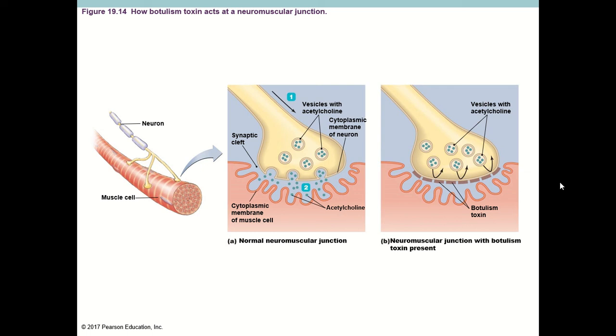So the nerve ending, the axon terminal of this neuron, would basically release these vesicles. If you recall from biology, vesicles are membrane sacs that contain proteins. Those proteins, if they're found in the brain or the nervous system, are called neurotransmitters.